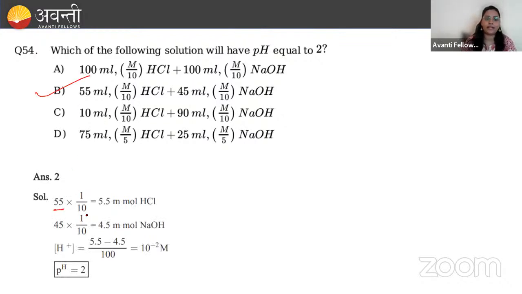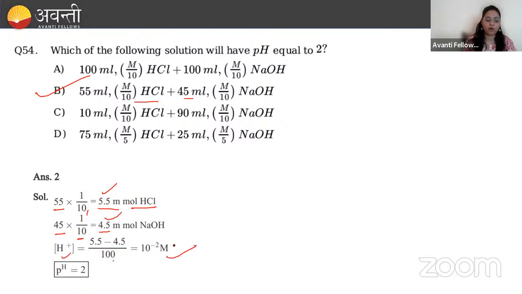5.5 into 1 by 10. That is the concentration of H plus ion here. And 4.5 is present, which we have added, and what is the concentration of that? 1 by 10, that is M by 10. So how many moles of HCl are there? Here 5.5 and 4.5. So total H plus concentration, how much will be there? 5.5 minus 4.5 divided by 100.